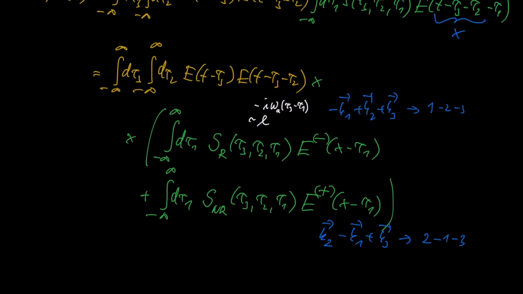So this is minus I omega, so altogether it's plus I omega tau 1, and it should meet with the, so it's the opposite there. This is I omega minus I omega A tau 1, and that should meet with plus I omega of the pulse tau 1 in here.